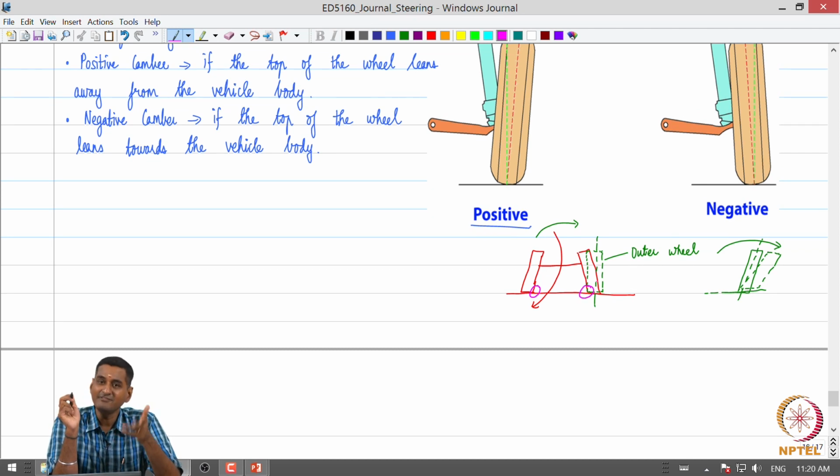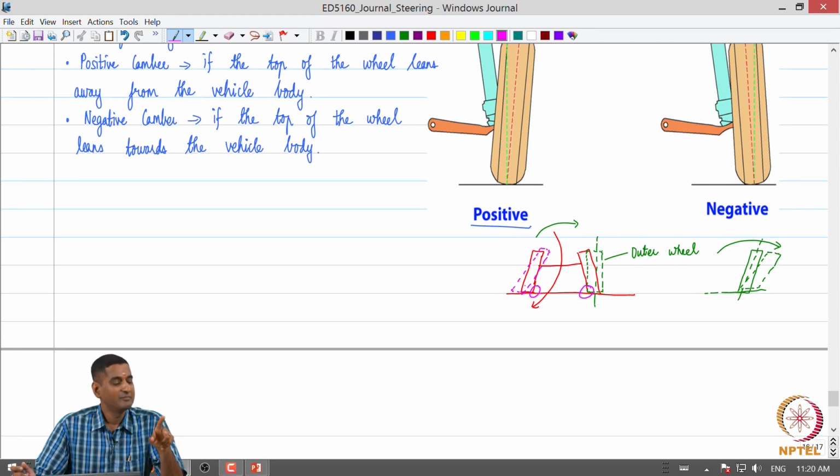What happens to the inner wheel with negative camber? Yes, the inner wheel is going to roll in this way. But is it going to be so bad as that of the outer wheel?